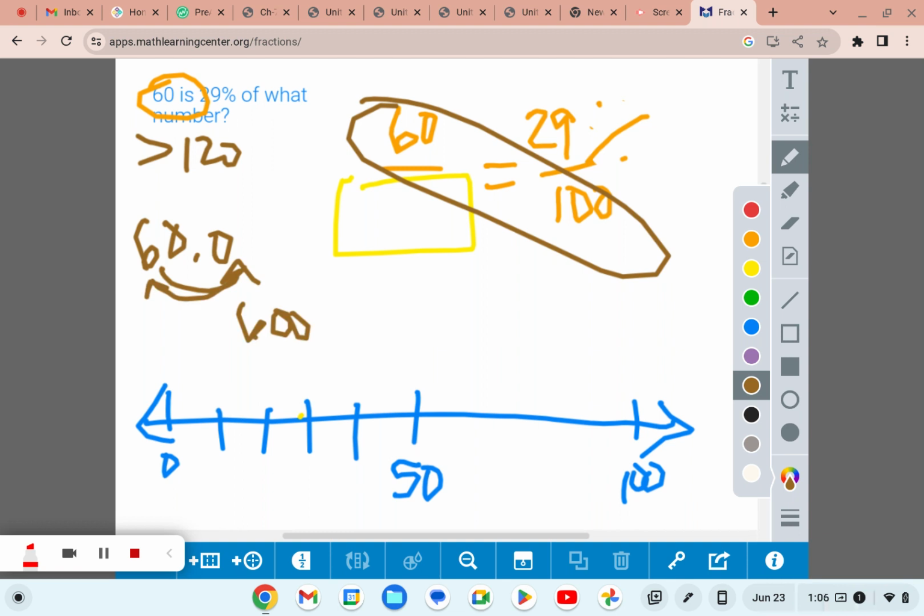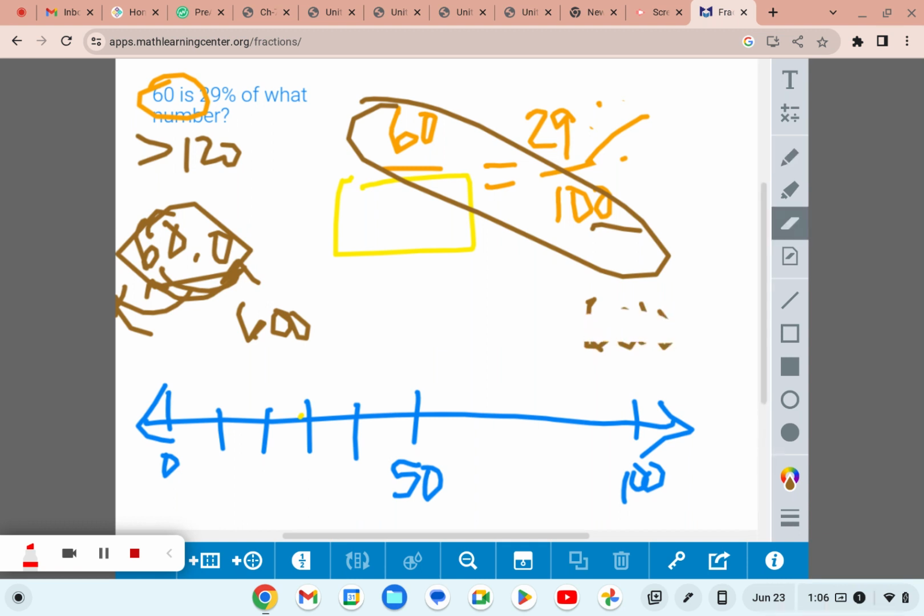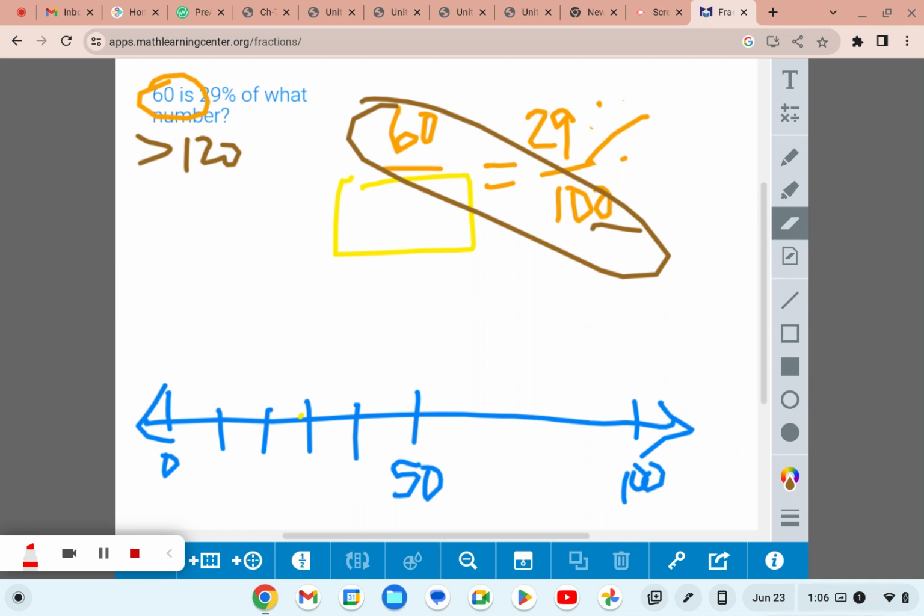But I'm multiplying by 100, so I'm going to pick up this whole number and move it two spaces to the left. That gives me 6,000. Right, so now I have 6,000.